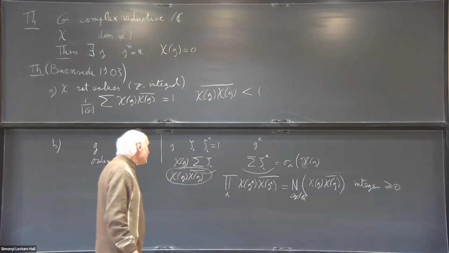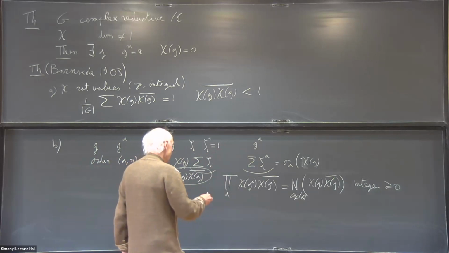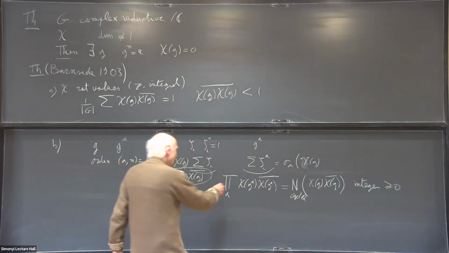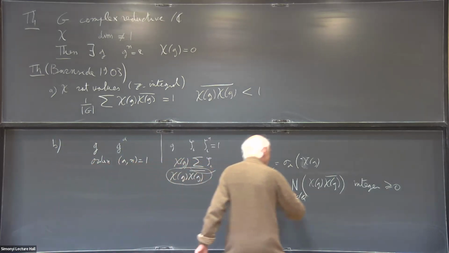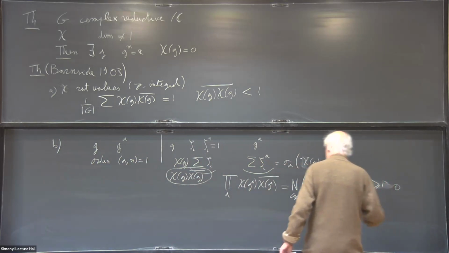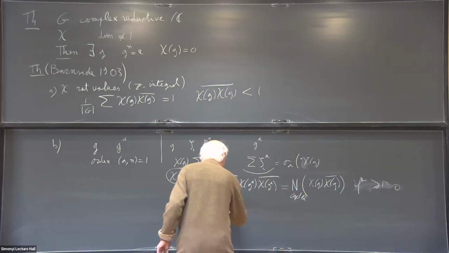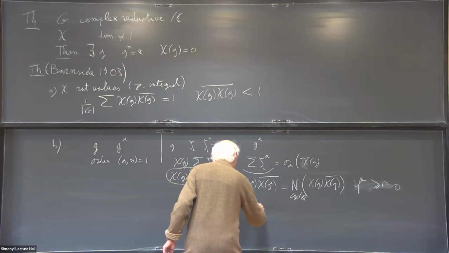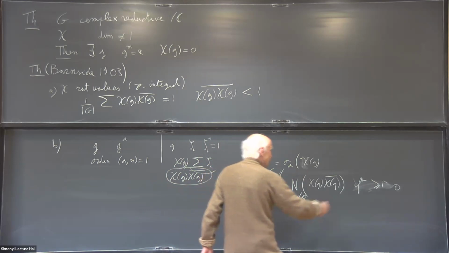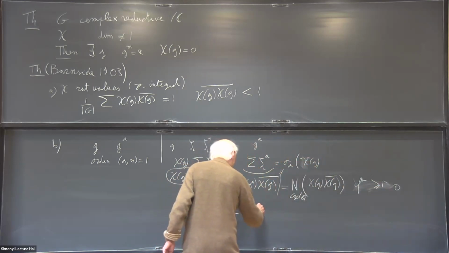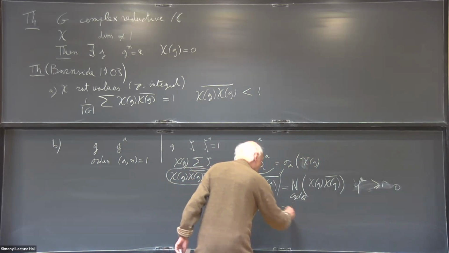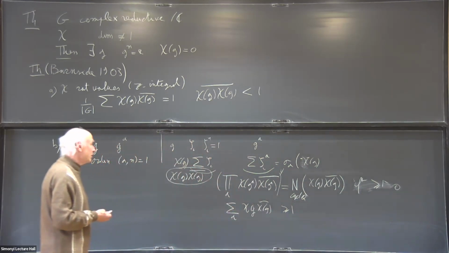But now what one uses is the relation between arithmetic and geometric mean: if the integer is at least 1, then the geometric mean is bigger than 1 also, and then the arithmetic mean is also at least 1, because arithmetic is bigger than geometric.